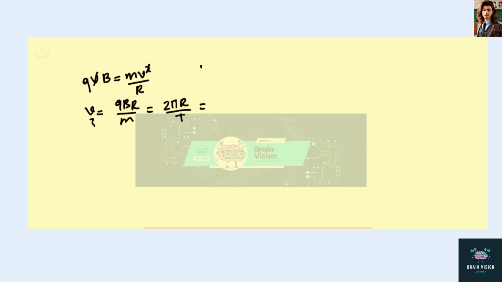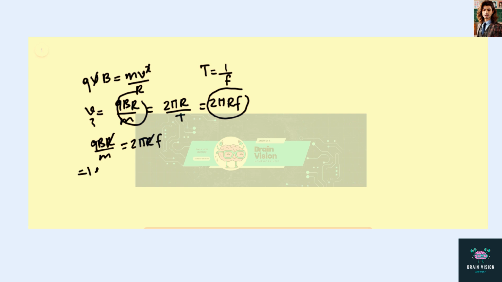Period is 1 over f, so then we have 2 pi r f. Taking these two equations, qBr over m equals 2 pi r f. The r's cancel, so frequency would be equal to qB over 2 pi m.